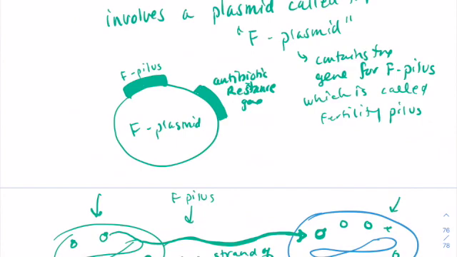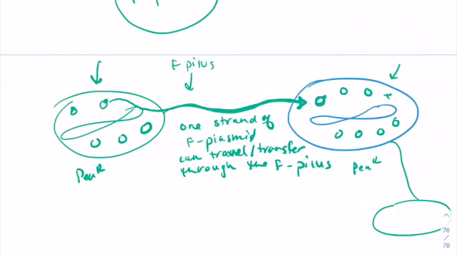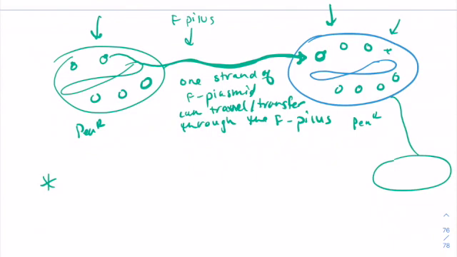We actually do a conjugation experiment in the laboratory where we will select for this cell to make sure that conjugation actually occurred, all right? And since we're not in person, we are doing a simulation in laboratory.